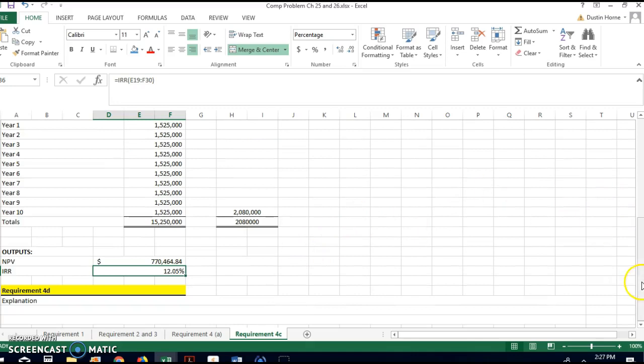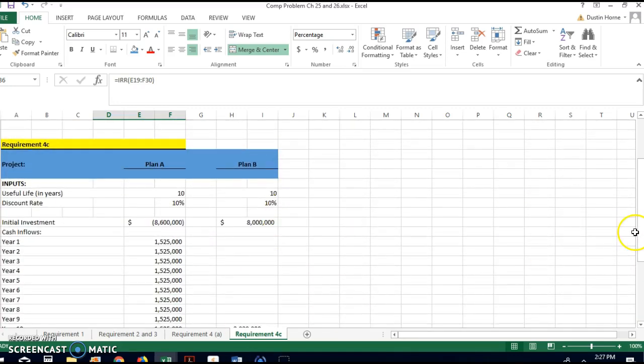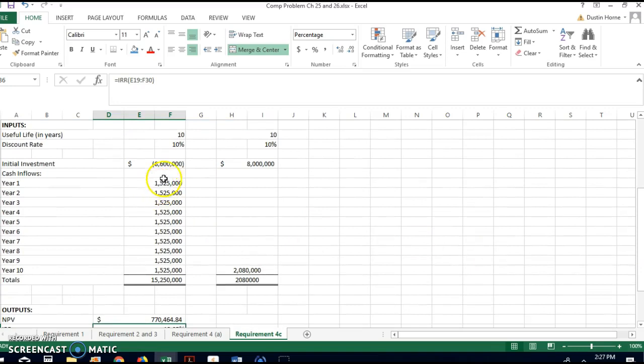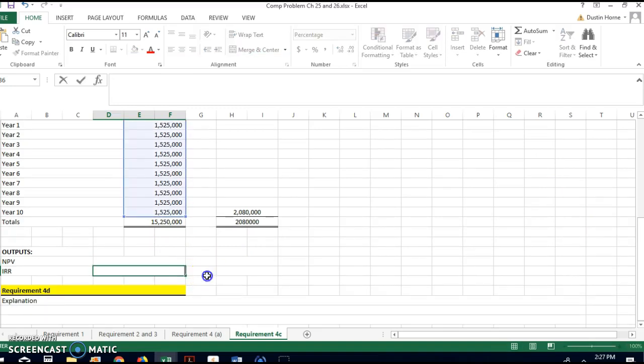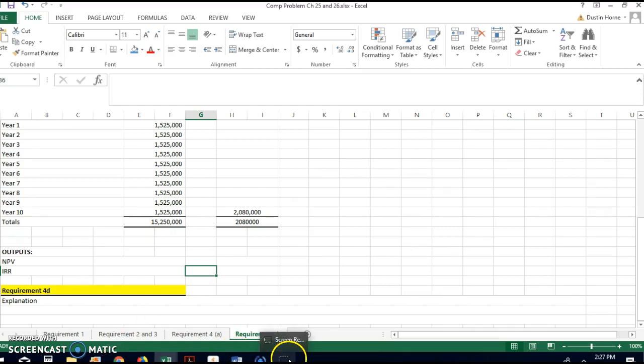You will do the same thing over here. I'm going to delete those formulas because I want you to be able to do them. All you have to do is replay them. But notice that the IRR was 12.05%. That is greater than the 10% that the company requires. So that is good. We want our rate of return to equal or exceed the required rate of return of the company, which they told us was 10%.